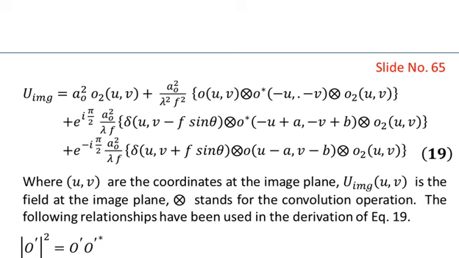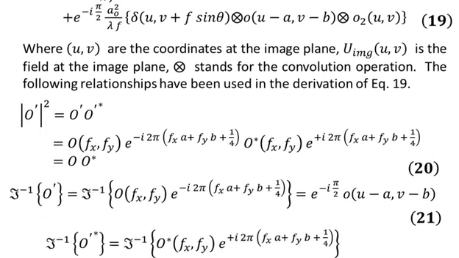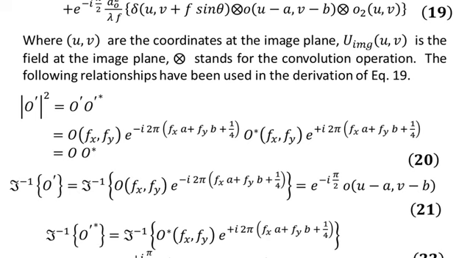And this cross within the circle stands for the convolution operator. The following relationships have been used in the derivation of equation number 19. So let me explain. In equation number 20, we have the absolute square of O prime, which we have represented as O prime multiplied by O prime conjugate, and then we have replaced the values of O prime and O prime conjugate in terms of their original spectra, because we have used the substitutions for O prime and O prime conjugate, which we have represented by their actual spectrum.